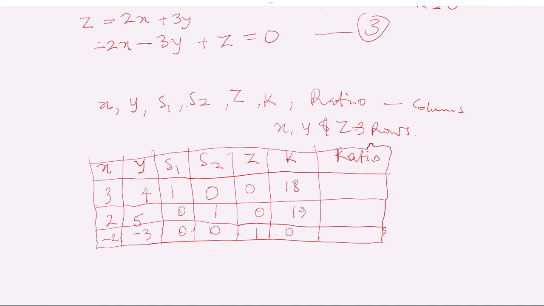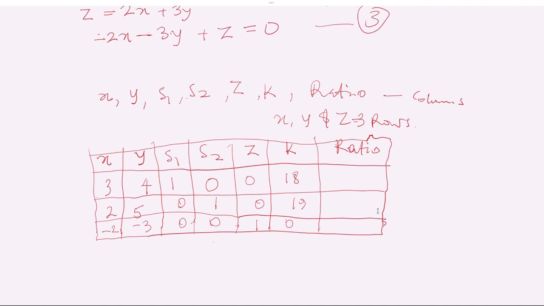For us to compute the ratio, I need to introduce something for the ratio to make sense: the pivot row and the pivot column.